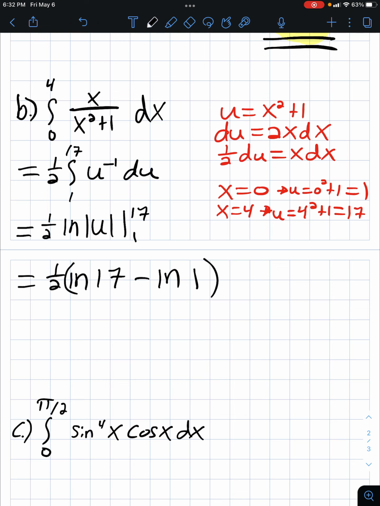And this will be our answer for part B. The definite integral from 0 to 4 of x divided by x squared plus 1 dx is equal to 1/2 the natural log of 17 minus the natural log of 1.